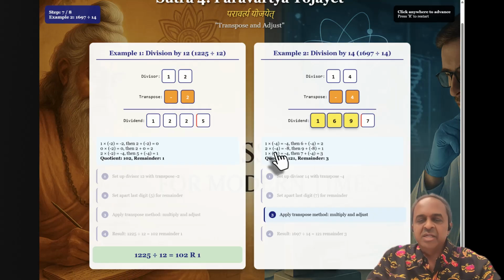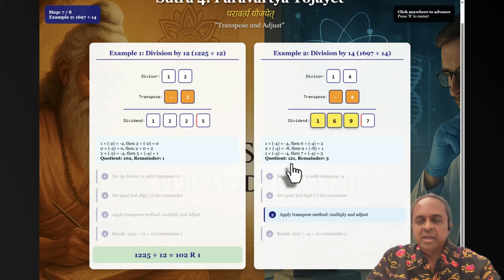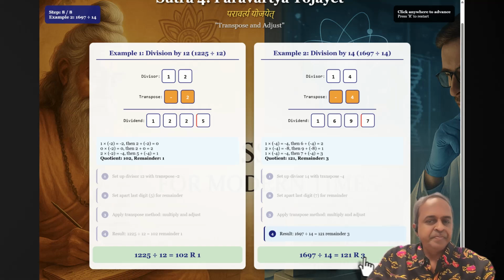So 1 times -4 is -4. And then you left the 7 here. And the final remainder is what? 7 minus 4 is 3. So what is the answer? 1, 2, 1. 121, remainder 3. Right? 121, remainder 3. So the result: 1697 divided by 14, your quotient is 121 and the remainder is 3.